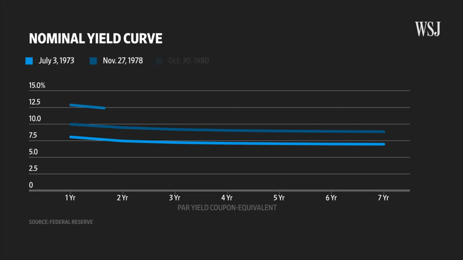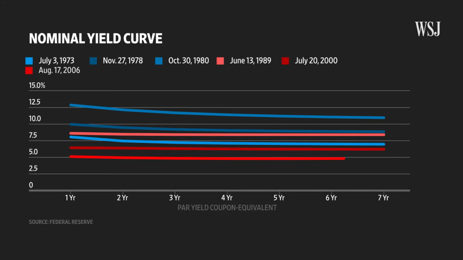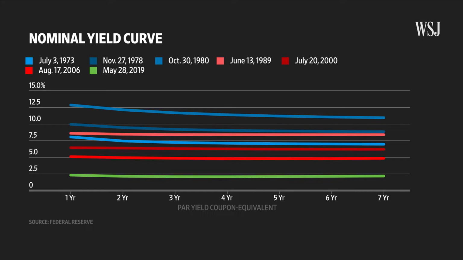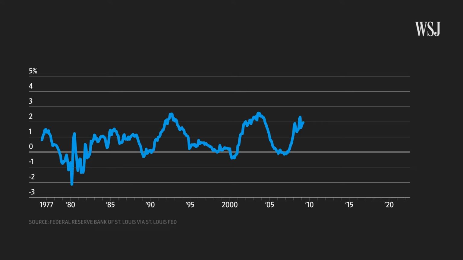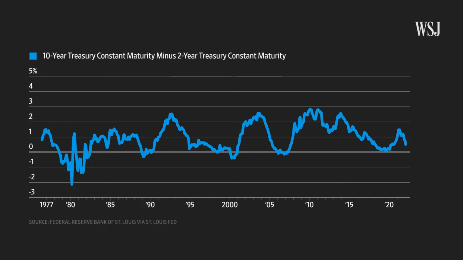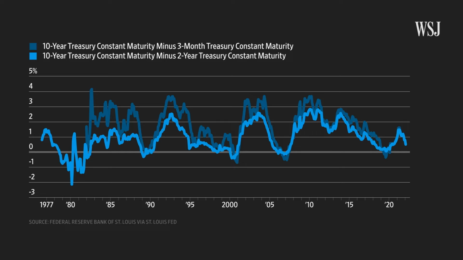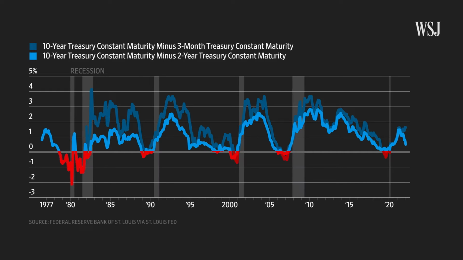The yield curve has inverted before every single recession since the 1950s, and the Federal Reserve has even said an inversion is, quote, a reliable predictor for an economic downturn. If you look at a chart showing the difference between the 10-year and 2-year government bond, or the 10-year and 3-month bond, it goes negative, or inverts, before every recession.